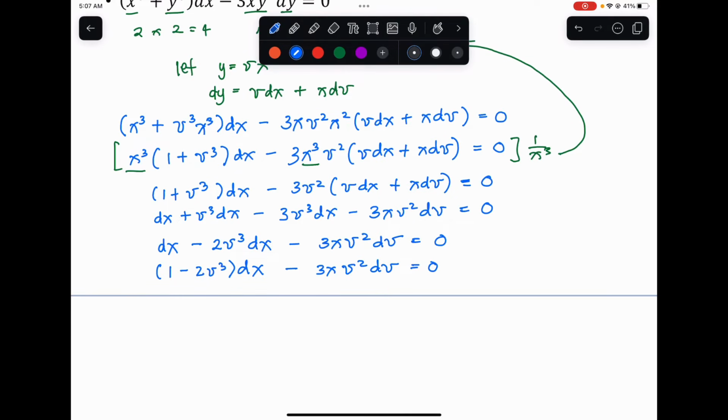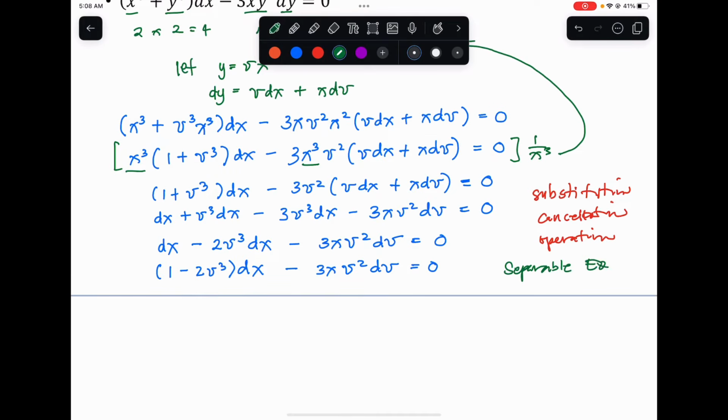After those three steps, it will be transformed into a separable equation.